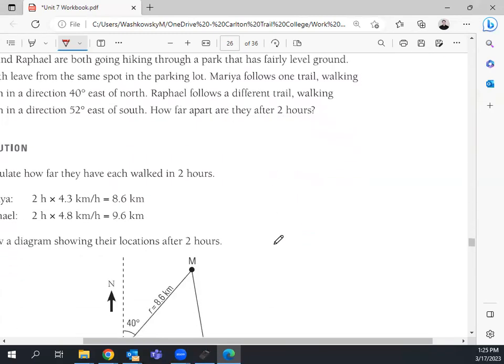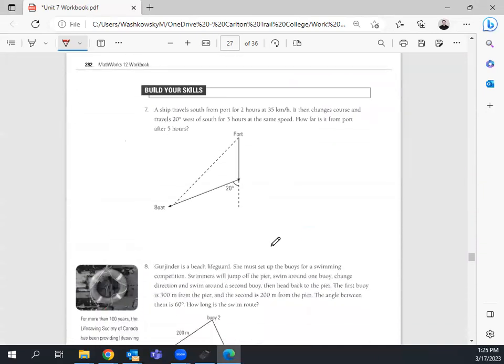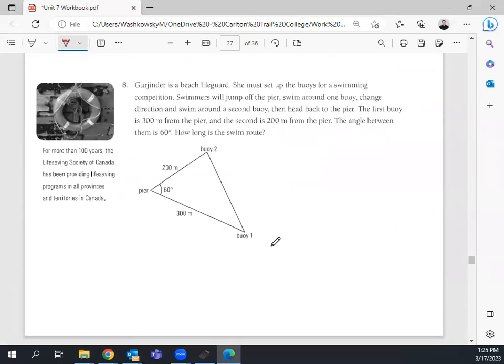To be honest with you guys, all the stuff after this is just taking the same concepts, right triangles, non-right triangles, Pythagoras, SOHCAHTOA, the sine law, the cosine law, and blending them all together now. So what I'm going to recommend is, this is the last day we're going to spend on this unit.